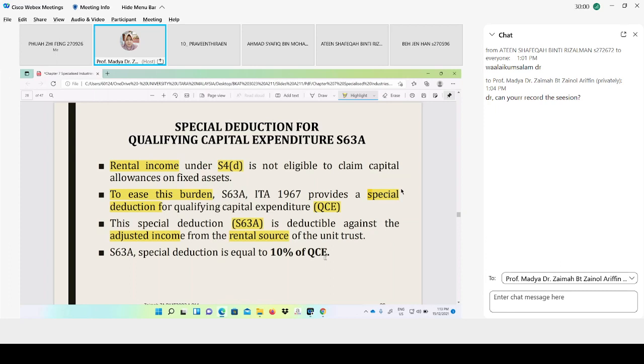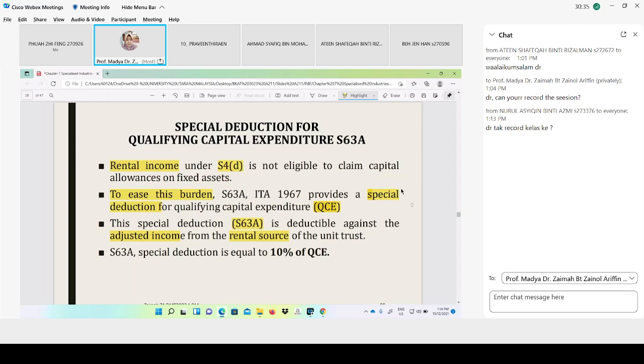The property, the QCE comes from the investment in rental to get rental income. So in here, it is not a normal capital allowance. You learned about qualifying capital expenditure in principles of taxation. You apply the same here to compute the amount of QCE. Exactly the same.